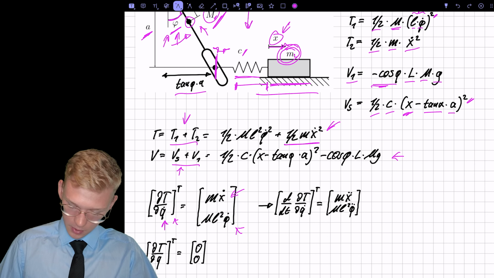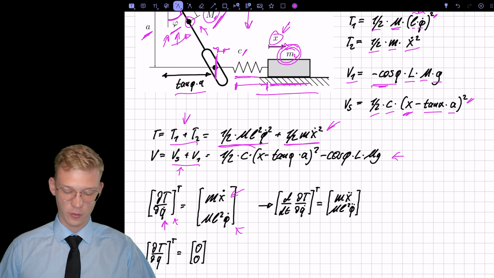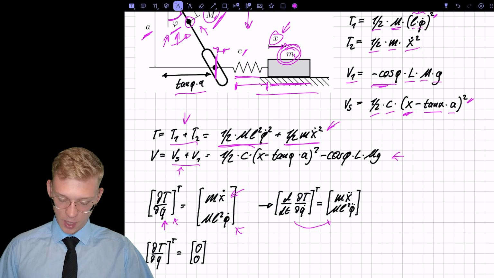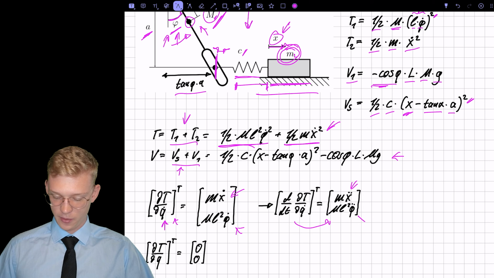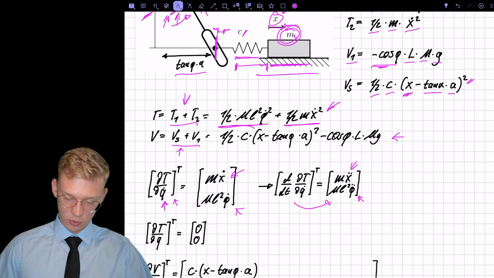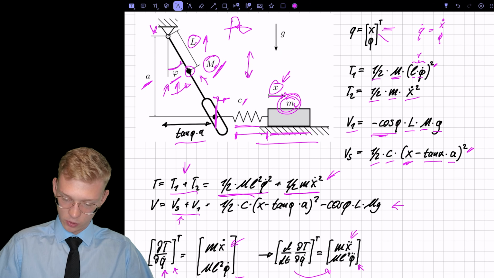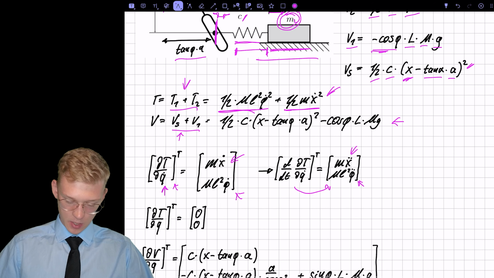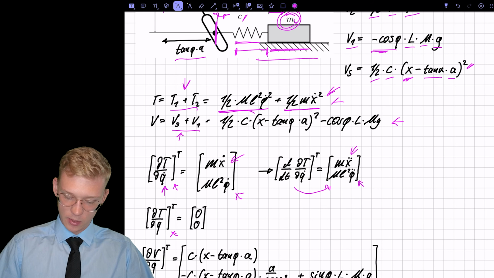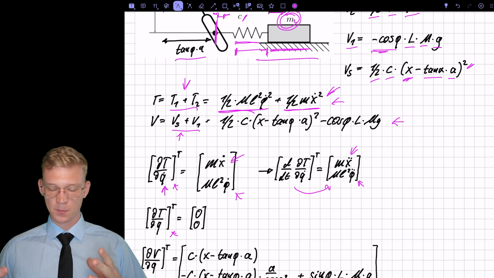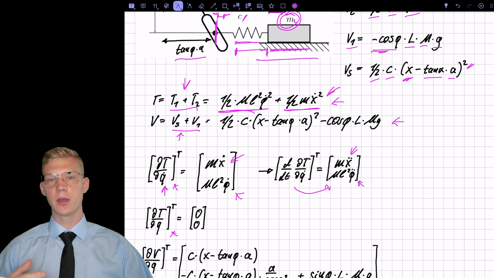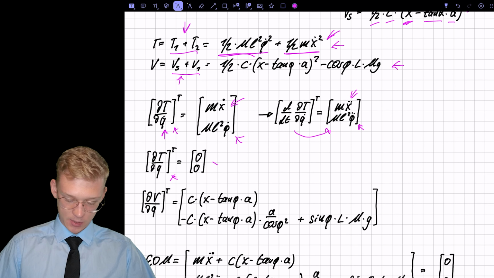And now we have to do a time derivative. So if we derive it with time, we just add another dot on the x and phi. If we derive with respect to q, so x and phi, we get 0, because the kinetic energy is only dependent, in this case, on the change of our generalized coordinates. So we don't have any x and we don't have any phi. That's why it's 0, 0.